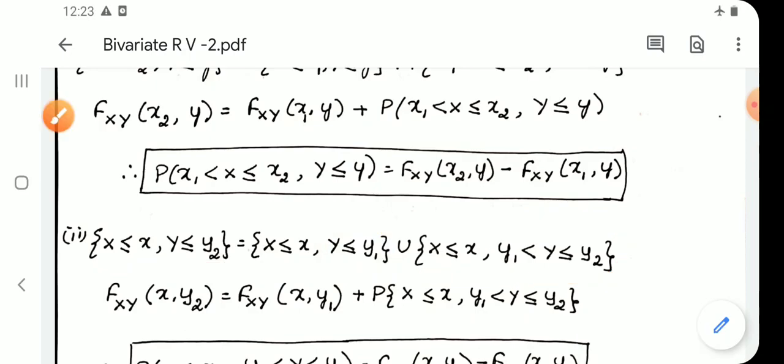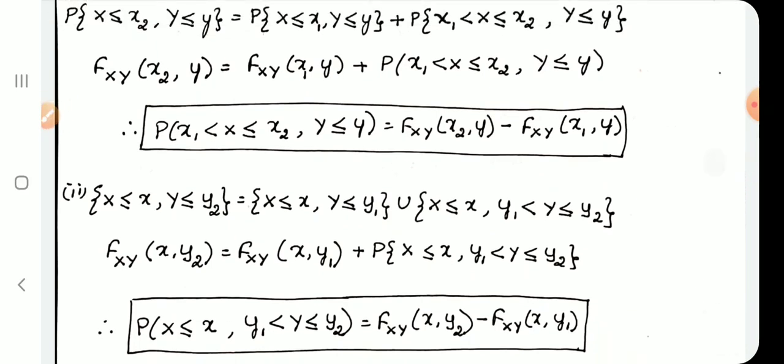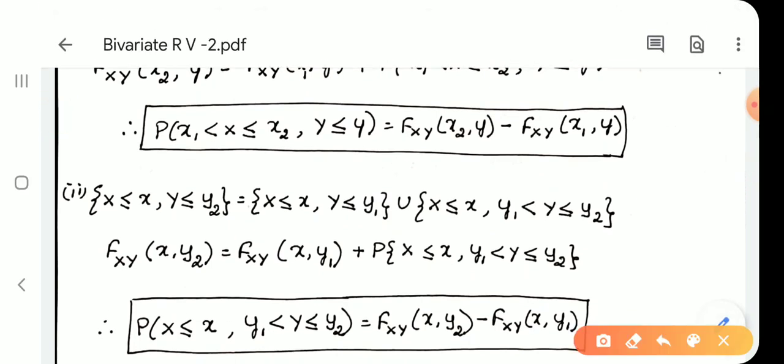So when we apply the probability on both the sides, we get P of X less than or equal to x, Y less than or equal to y2 is equal to P of X less than or equal to x, Y less than or equal to y1, plus P of X less than or equal to x, Y less than or equal to y2.